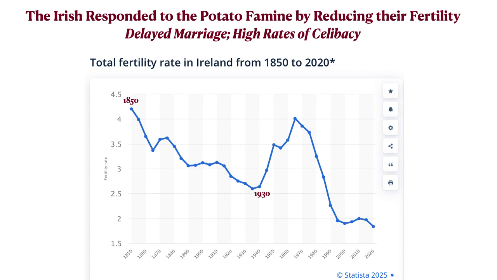But this was generally thought to have been due to really delayed marriage. People not being able to marry until they had a more secure position, and often this is late 20s into the 30s, and also relatively high rates of celibacy.